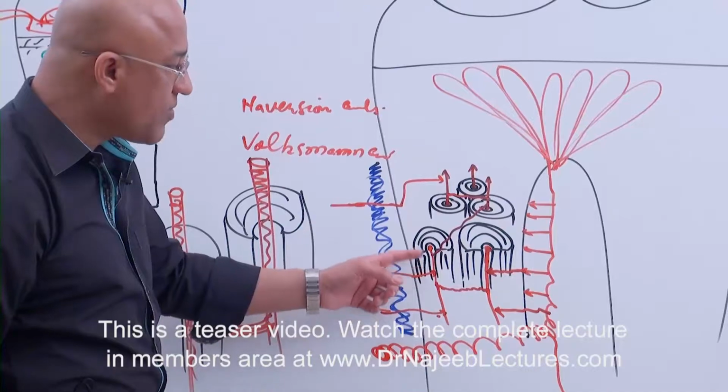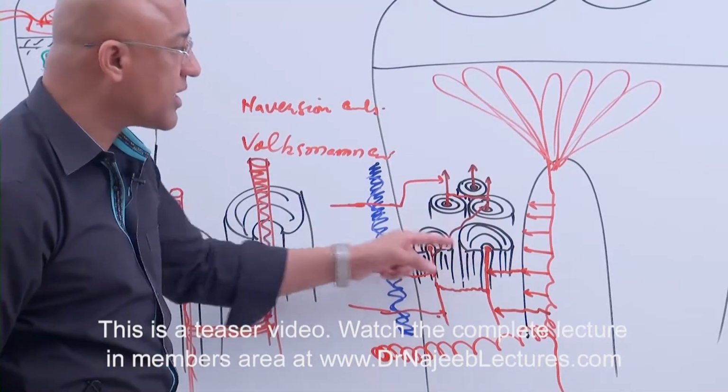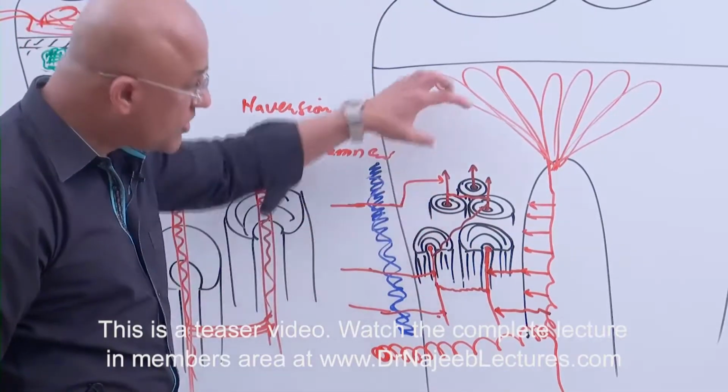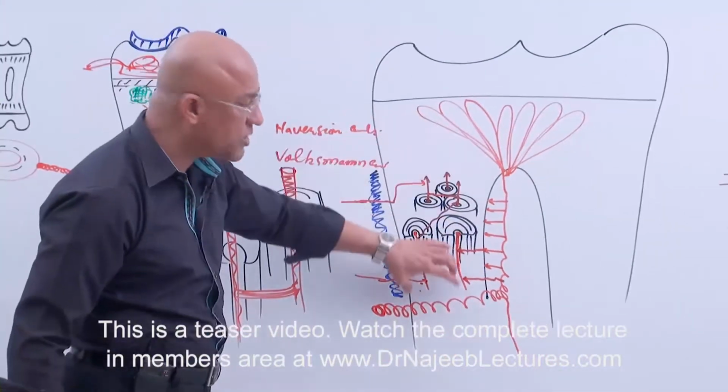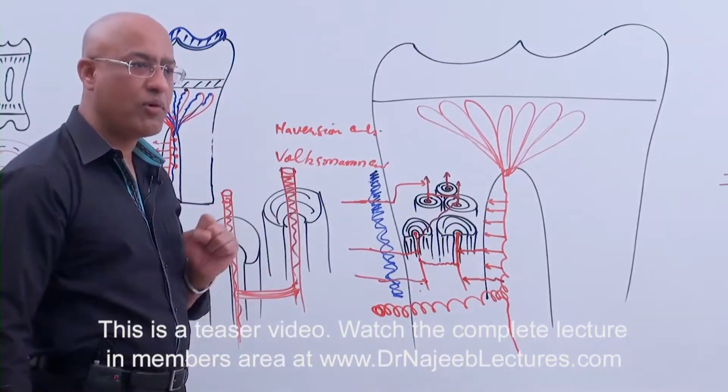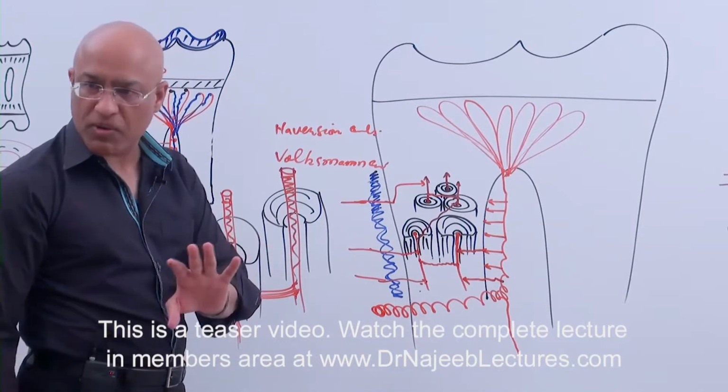These are connected with Haversian canals, and they are also interconnected with Volkmann canals. So this is how the bone substance is given blood flow. Am I clear? Any question about this?